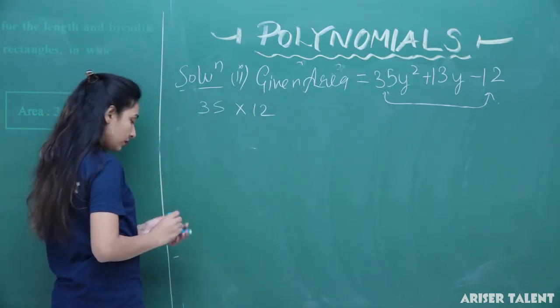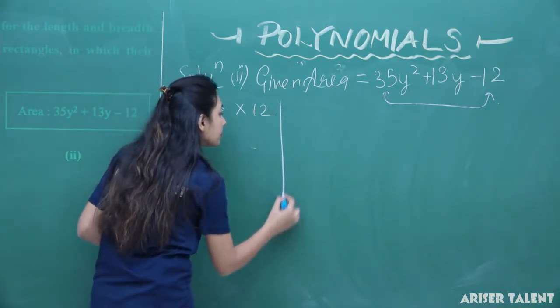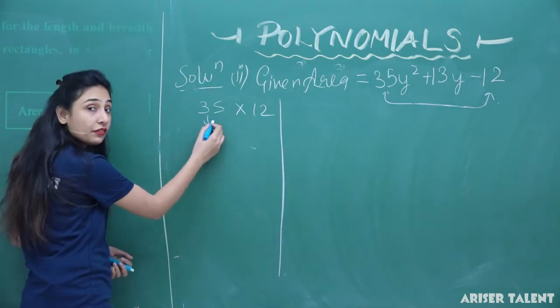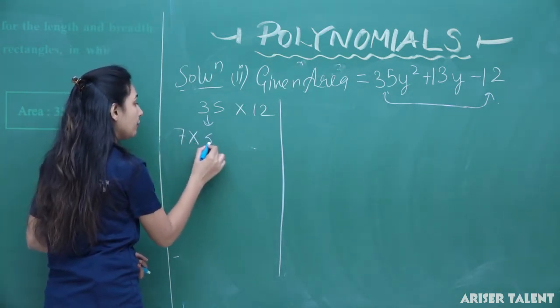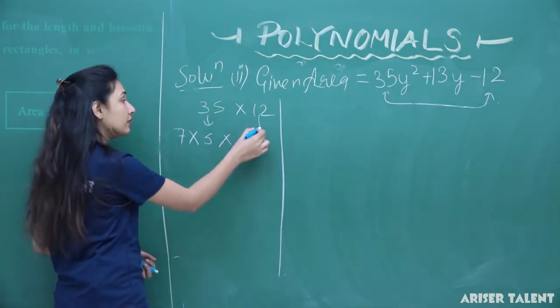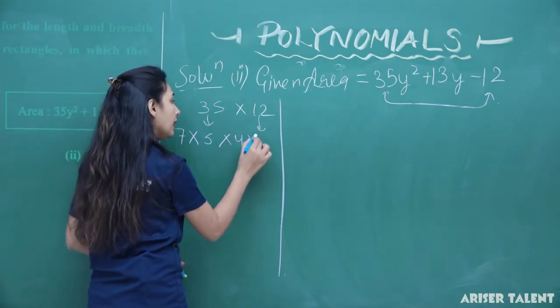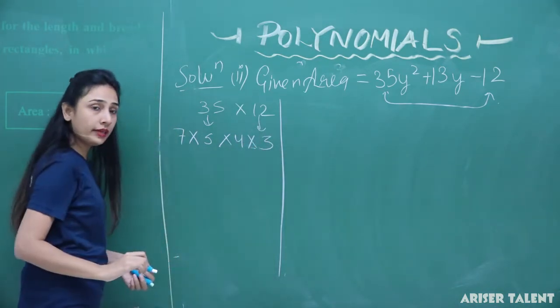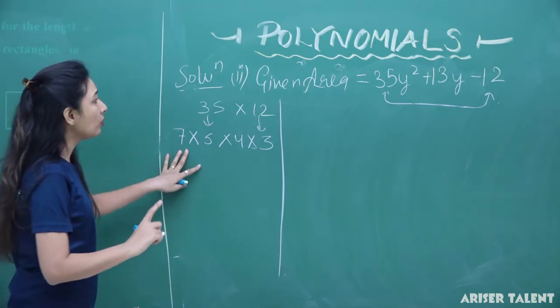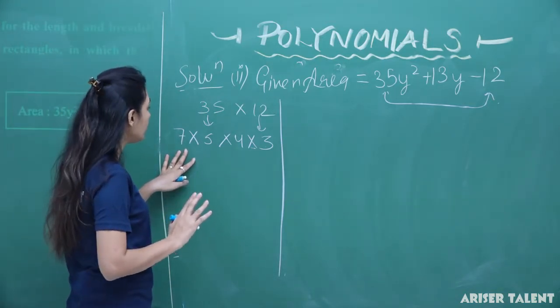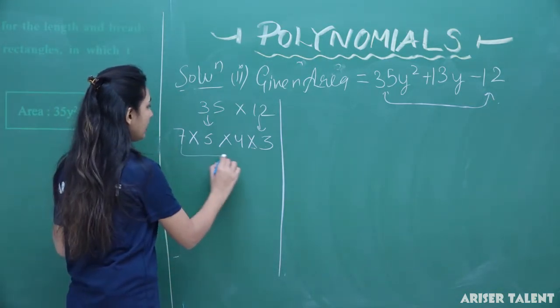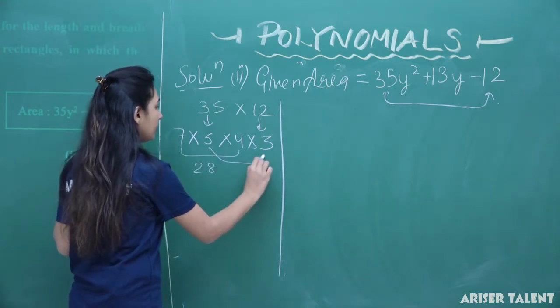The factors of this will be: 35 is 7 and 5, and 12 is 4 and 3. Now, if we get any combination of those, you can get 13. So that is 28 here and 15 here.